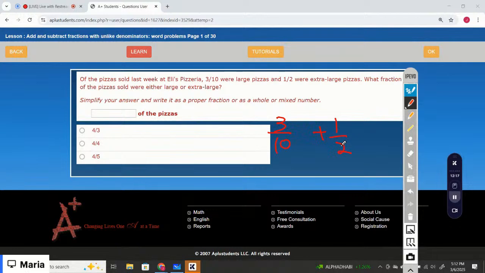First thing you have to do is you need to make the denominator same. You always make smaller denominator equal to greater one. You have to make that 2 equals 10. So 2 times what number is 10? 2 times 5 is 10. We need to multiply this fraction by 5.